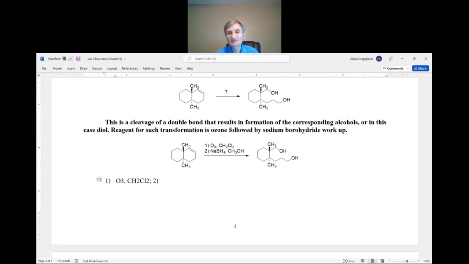If you don't indicate 1 and 2, that means we are mixing everything together, and the reaction wouldn't work like that under those conditions. So this is the way you would write it on the test, without superscripts, subscripts, anything like that. Okay.